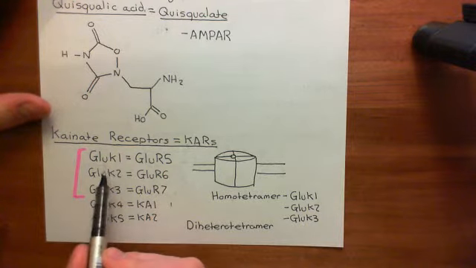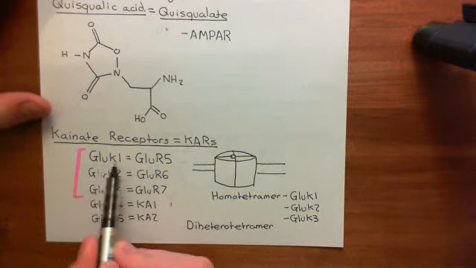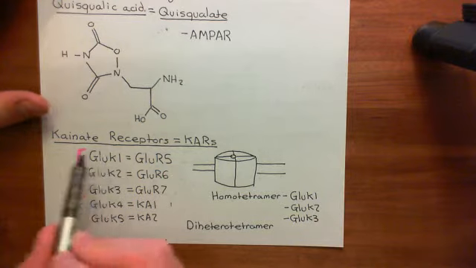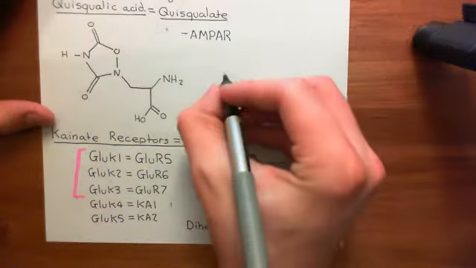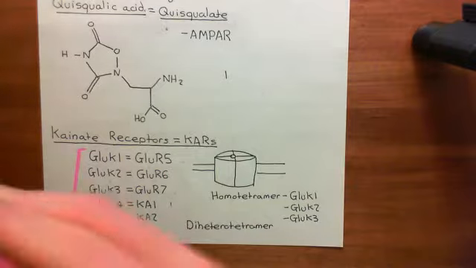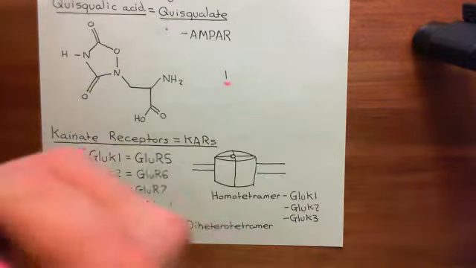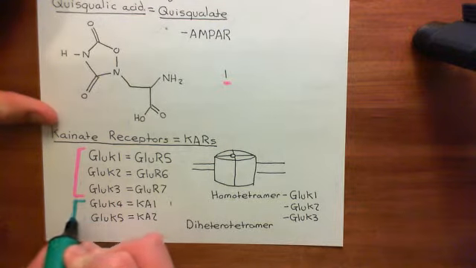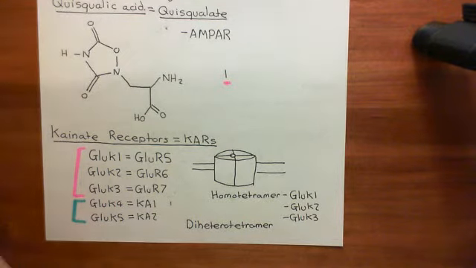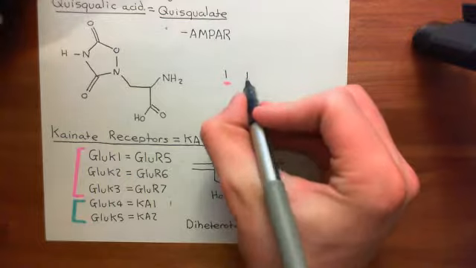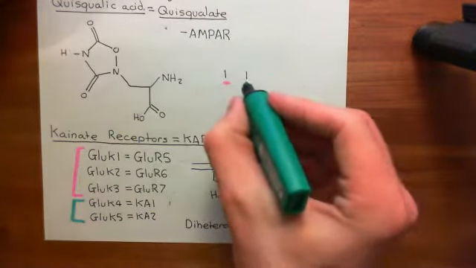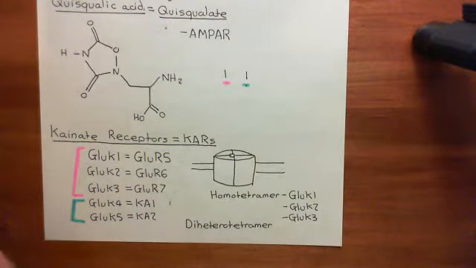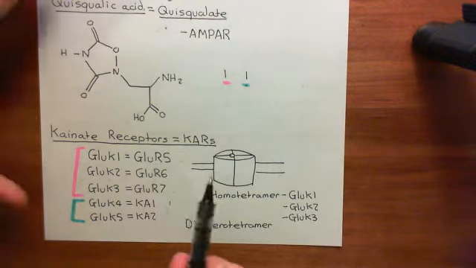Firstly, you need to select one of the subunits from these 3 that have now been highlighted in pink. So you pick one pink one. You then also need to select one from this turquoise portion here. So you'll also pick one of these turquoise ones, and basically you can then build heterotetramers that way.